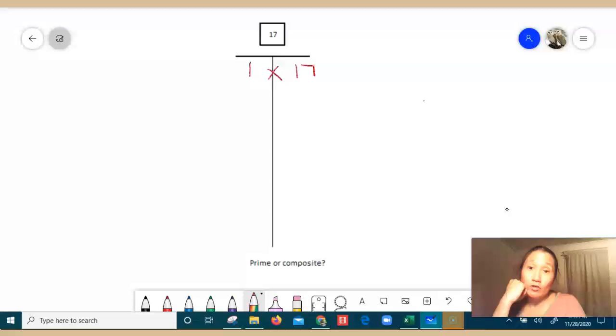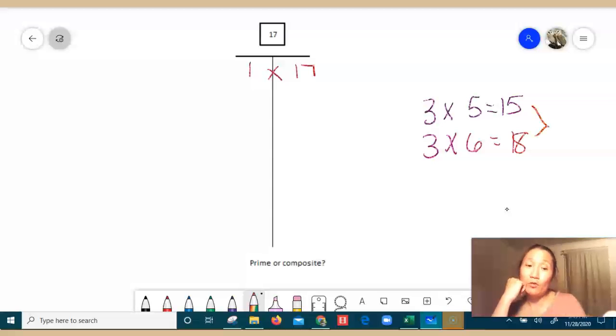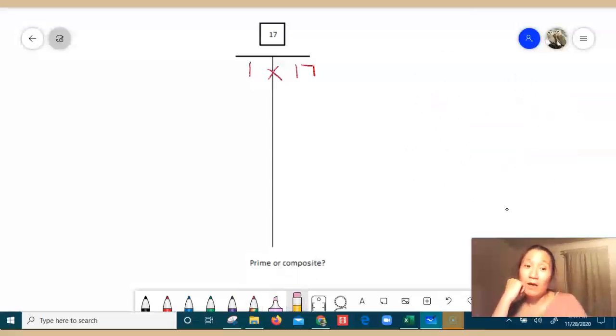Does 3 work? 3 times 5 equals 15. 3 times 6 equals 18. It skips. So 3 does not work either. Does 4?